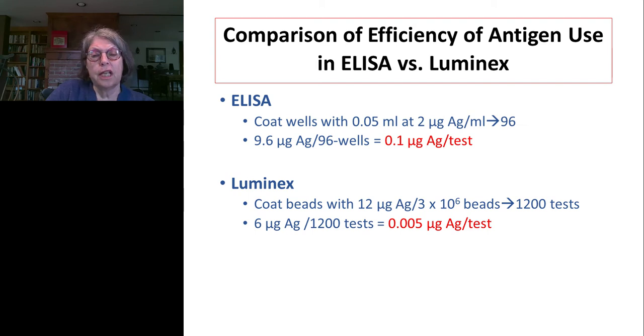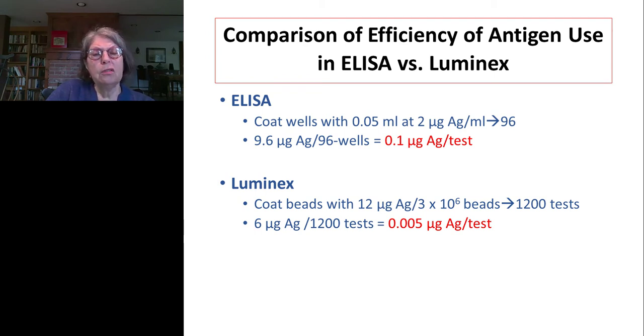In contrast to that, we can coat the Luminex beads with 12 micrograms of antigen per 3 million beads, which gives us 1,200 tests. And that means that we can use 0.005 micrograms of antigen per test. So a 20-fold decrease in the amount of antigen that you use, which obviously results in cost savings.